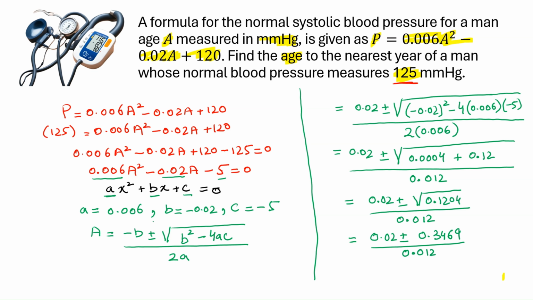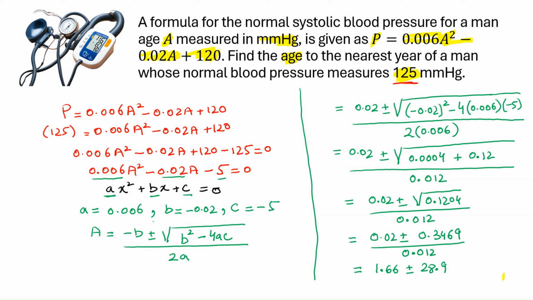Now, if we divide each of these terms, 0.02 divided by 0.012 is around 1.66. Then I have plus and minus 0.3469 divided by 0.012, which equals 28.9. So we have these two values with a plus and minus.